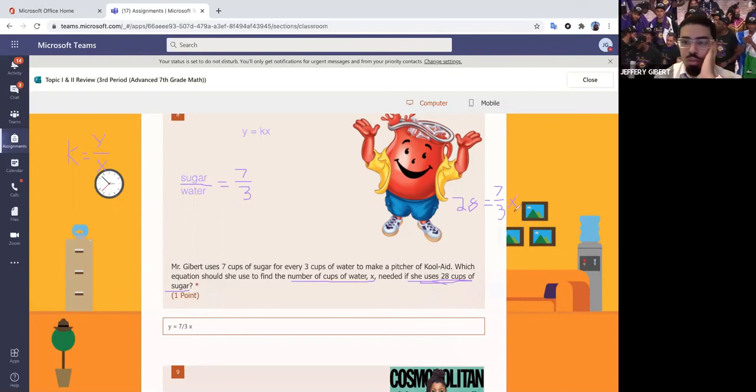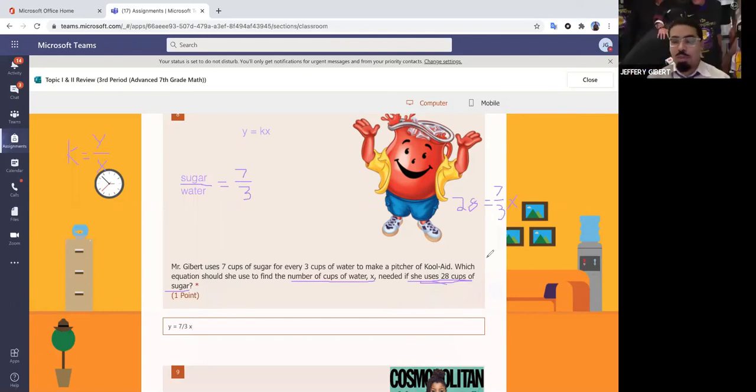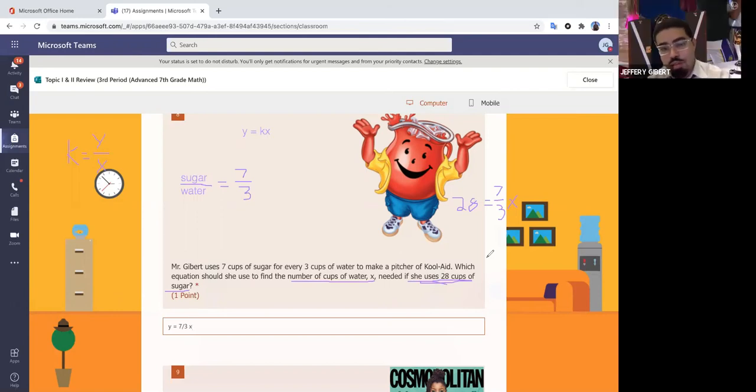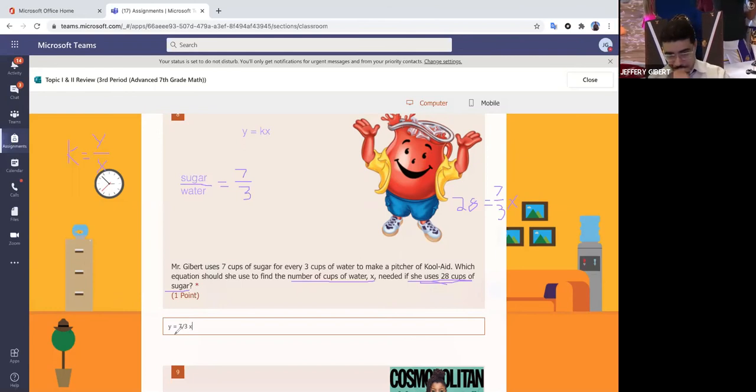And then to find out what x is, you would multiply both sides by 3 to get rid of the 3, and then you would divide both sides by 7 to get rid of the 7. But you don't have to do that. They just wanted the master equation. The master equation is y equals 7 over 3x.